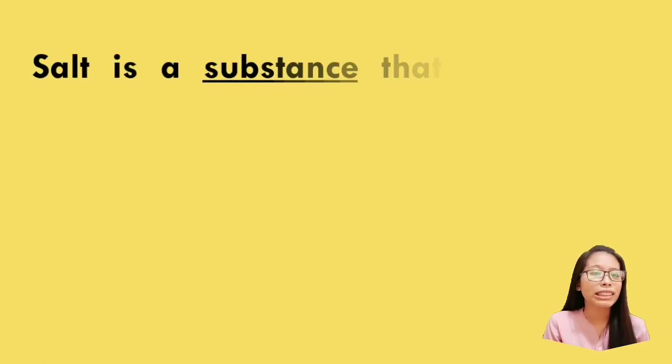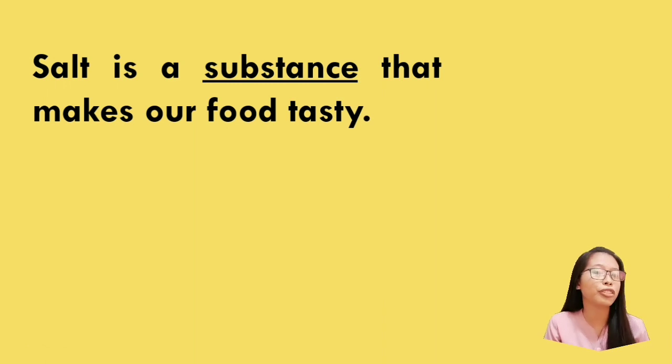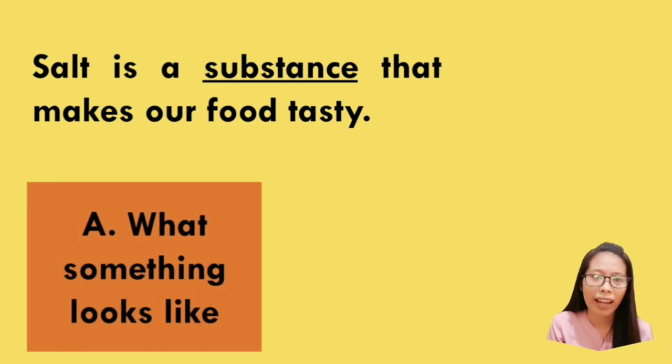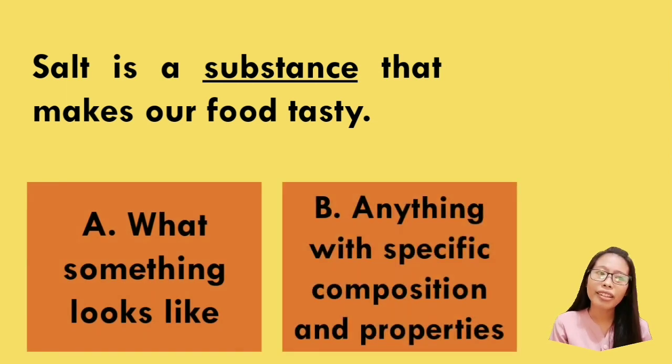The second sentence is, salt is a substance that makes our food tasty. The underlined word is substance. What do you think does it mean? Is it what something looks like? Or anything with specific composition and properties?